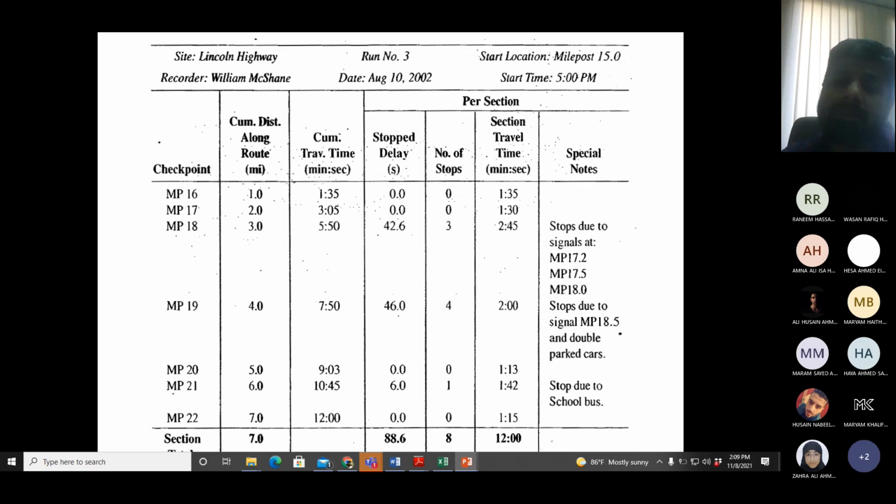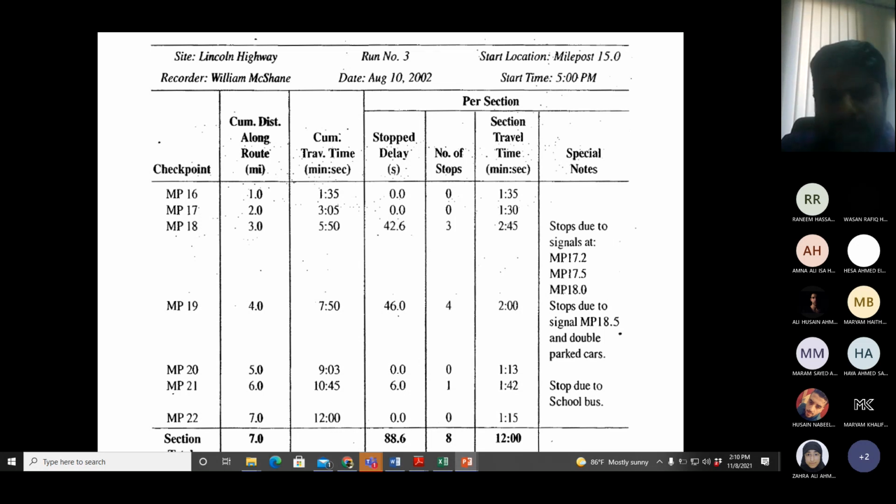Since you are starting and stopping the watch anyway, you can have the observation for each section from that stopwatch. Obviously the stop delay does not happen so frequently. Maybe the car is moving for 5, 10, or 15 minutes, and then you have a stop delay. So you have enough time to record the stop delay in each section quite comfortably.